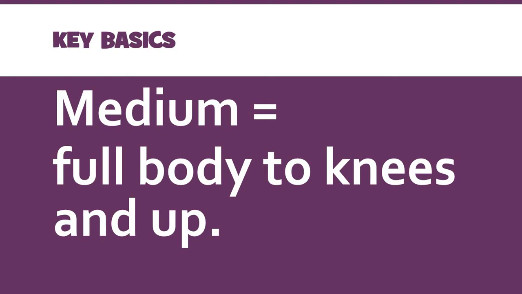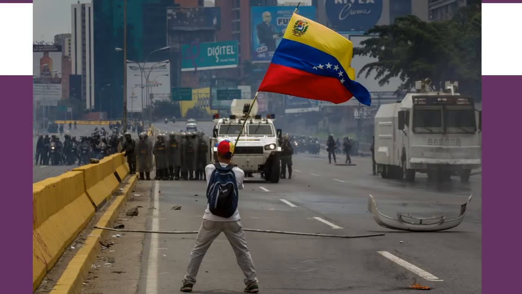This is from a photo story looking at some of the large protests going on in the country of Venezuela. If we're looking at medium shots, this is a really good medium shot. The subject is the person holding the flag, and their entire body is in the photograph. If this was closer, this would not be a medium shot, but this is a medium shot.